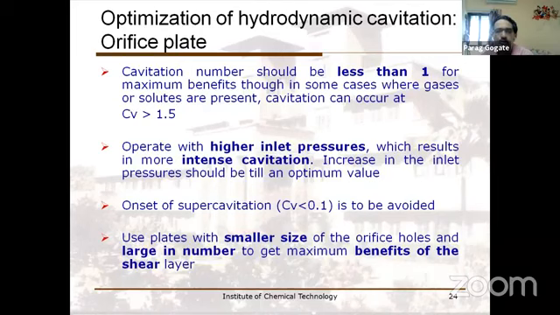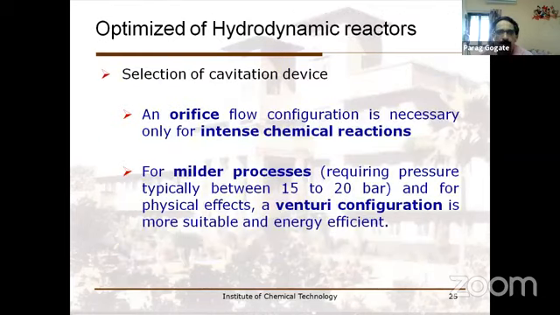And you need to use orifice plates with typically smaller holes and large in number, because that's going to give me the benefits of shear layer. In essence, the cavitationally active volume in the reactor is going to be higher. So I can basically recommend the orifice plate for intense chemical reactions. For oxidation or wastewater treatment, definitely an orifice will be more suitable. For milder processes, typically a venturi will be suitable.